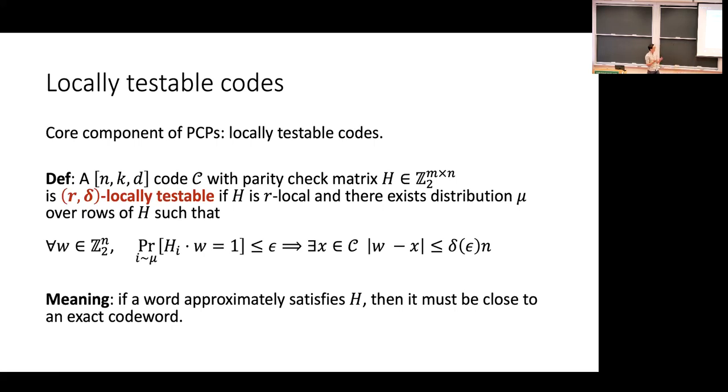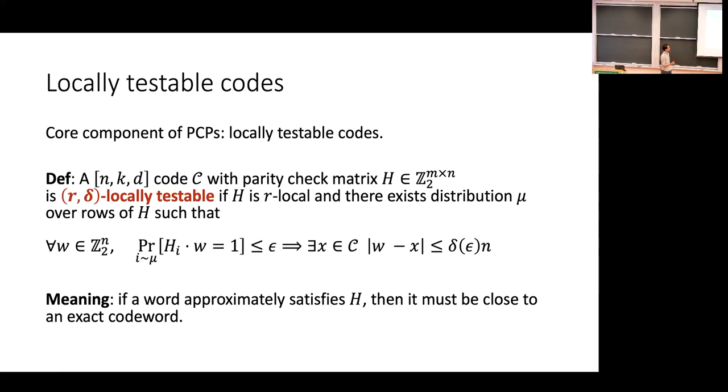Okay, so hopefully you can start to see the connections with stability theory. A word that approximately satisfies H must be close to an exact code word. If the fraction of errors were zero, then you'd never detect an error, so epsilon would be 0.